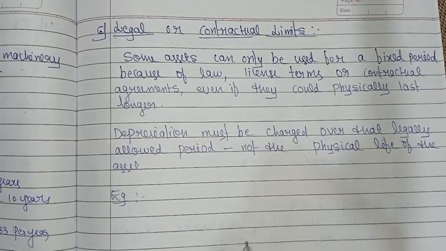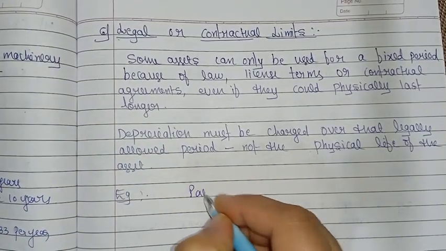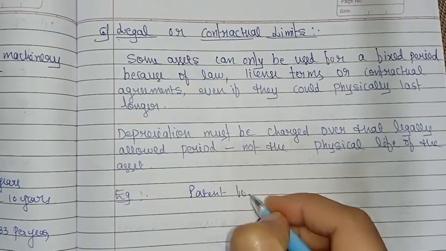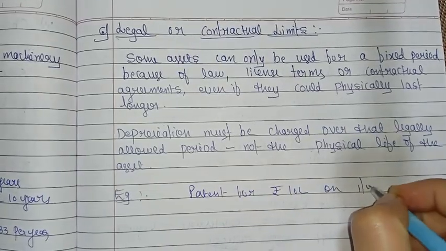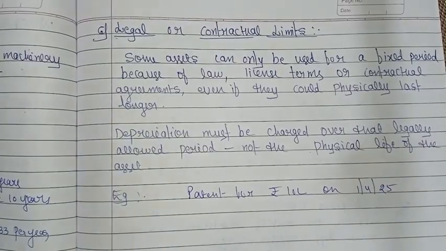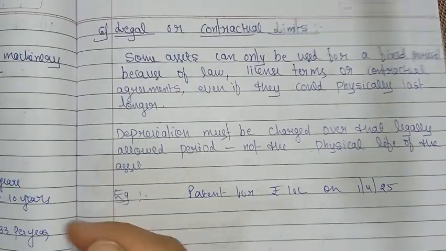See, for example, a company buys a patent for rupees 10 lakh on 1/4/25.